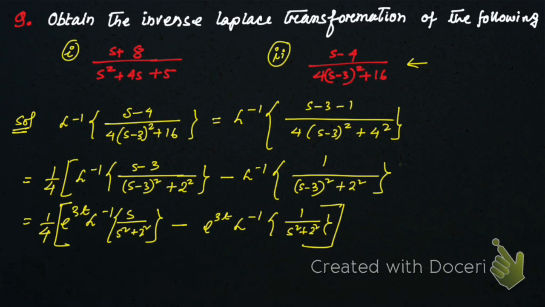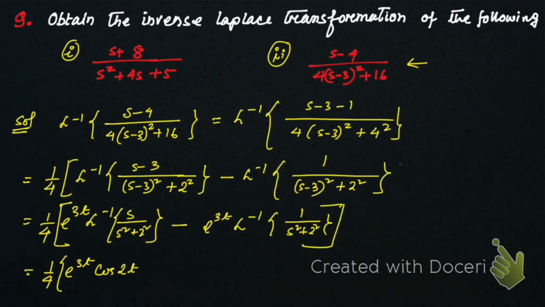Now you can see that the inverse Laplace transformation of s by s square plus a square is going to be cos at. In this case a is 2 here. So we're going to get 1 by 4 e to the power 3t cos 2t. That's what we have got.